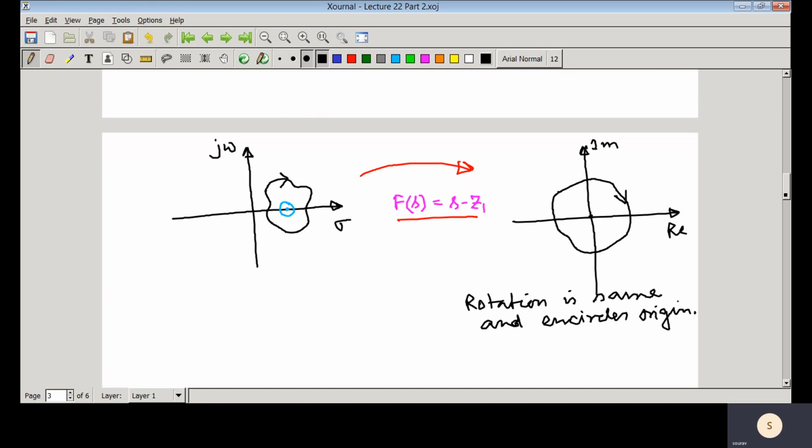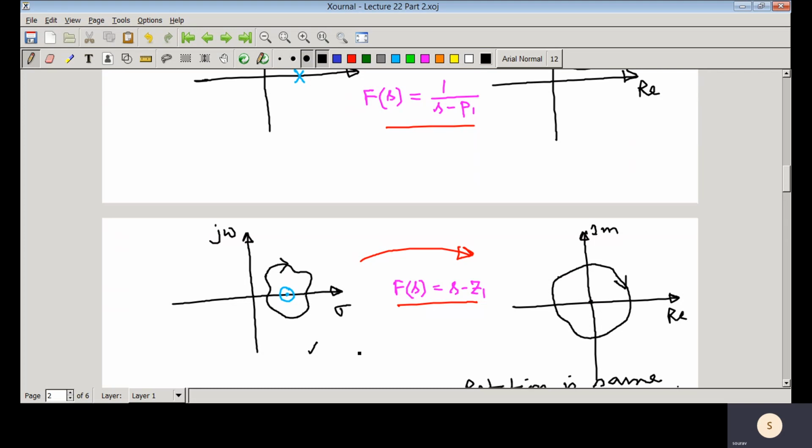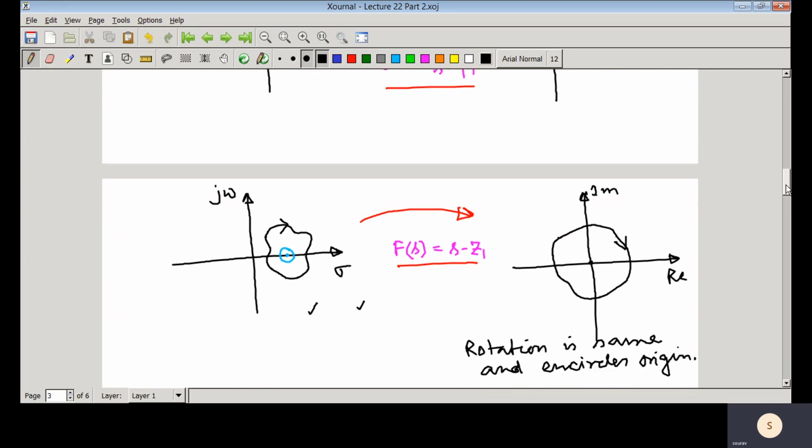The difference between this case and the earlier case is that here the contour does not encircle the zero, and here it encircles the zero. So whenever it encircles the zero, the direction of rotation remains the same, but then it encircles the origin.